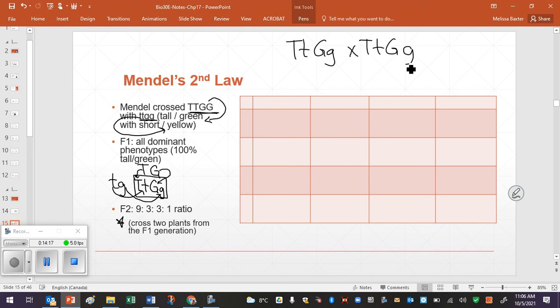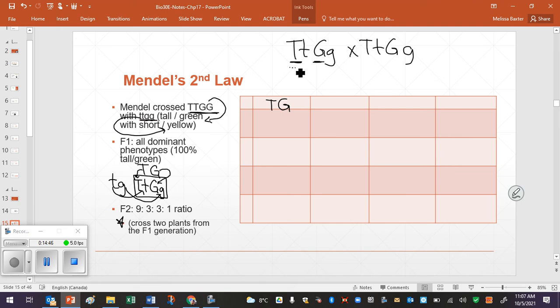Now, when I consider the genotype where the parent is heterozygous for both traits, here are all the possible gametes they can make. Each gamete has to have one of each letter. So each gamete has to have an allele for each gene. So one possibility could be that the gamete gets the dominant allele for height and the dominant allele for color.